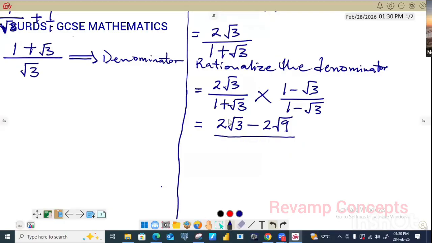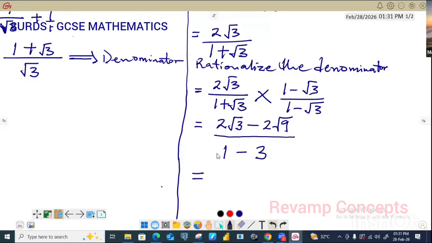So we can just go straight and say 1 multiplied by 1, and that will give us 1. Also, minus root 3 multiplied by root 3 is minus root 9, and root 9 is equal to 3.